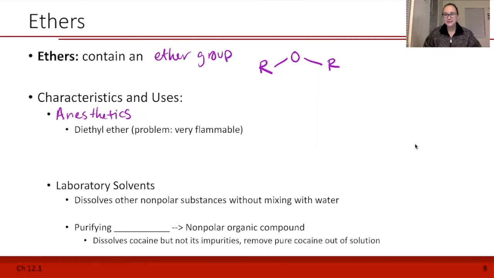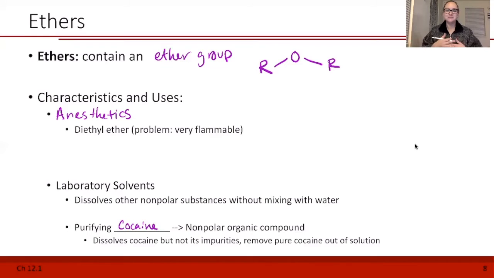It's also maybe a fun fact. I don't know if you guys really care about this, but it's actually used for purifying cocaine. That's how you purify it when you make cocaine. You dissolve the material from the chemical reaction, and it dissolves just the cocaine, and all of the other stuff doesn't dissolve.